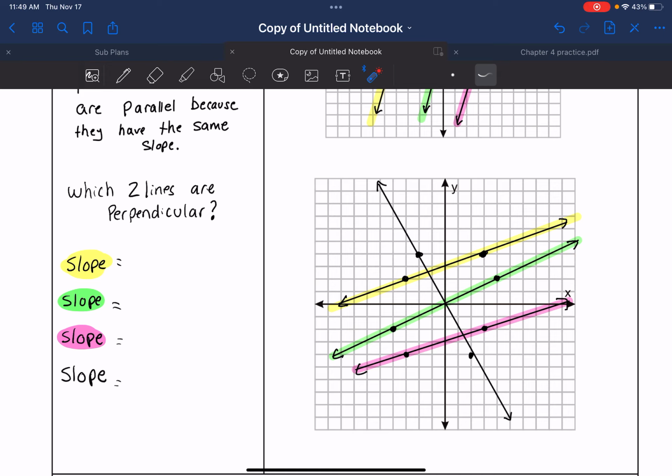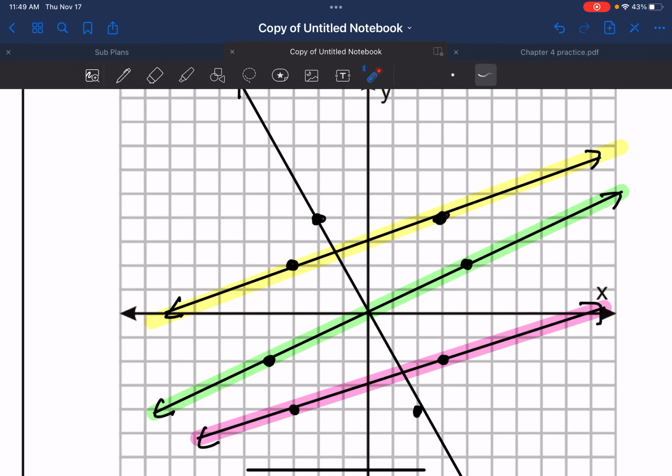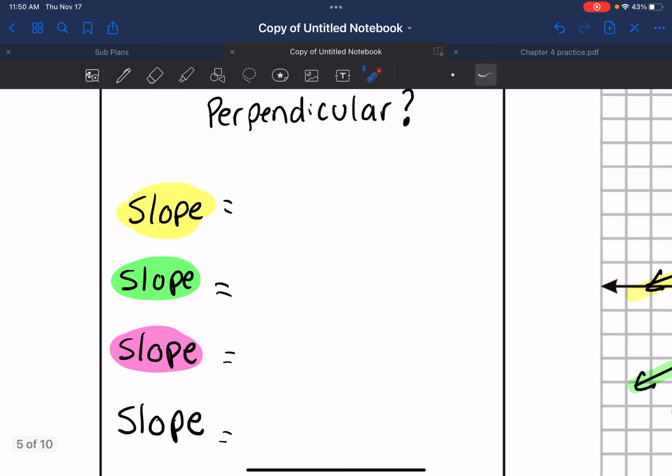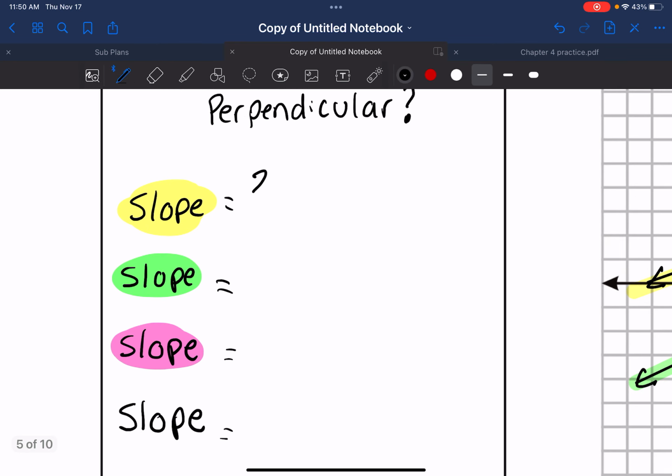So first, let's do yellow. The slope of yellow is up 2 over 6. Up 2 over 6. Okay, I want you guys to reduce that right now, though. 2 over 6, if I reduce that and take a 2 out of both of those through division, would be 1/3.